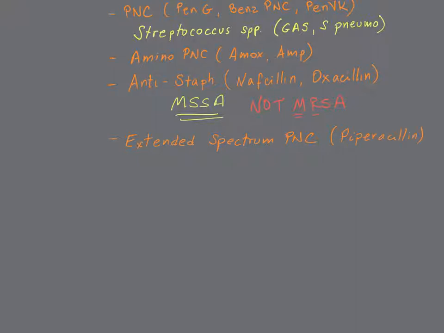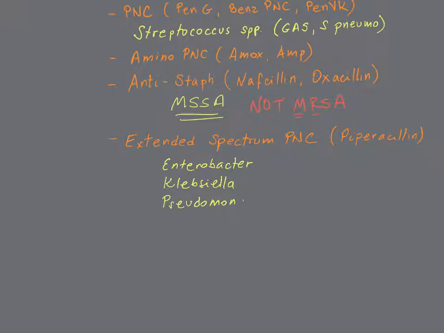In this category, we have piperacillin. There are others in this category, but piperacillin is, I think, the one that you should remember, the one we use the most. Again, like I mentioned before, we can treat Enterobacteriaceae like Enterobacter, Klebsiella, and Pseudomonas with these antibiotics.